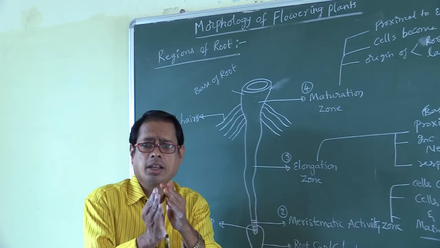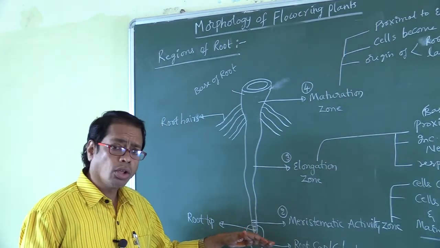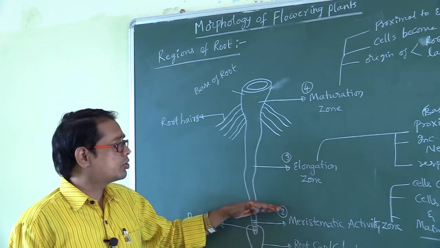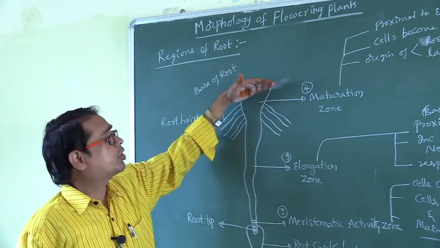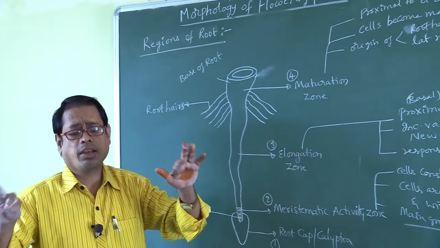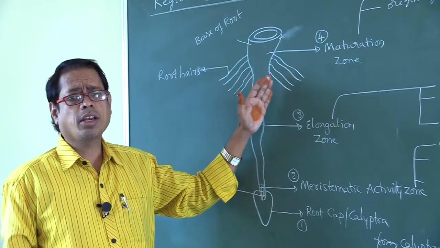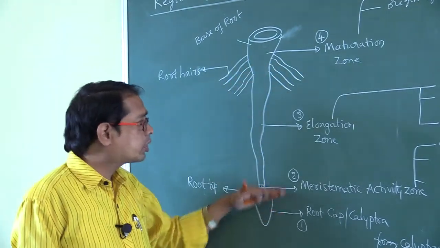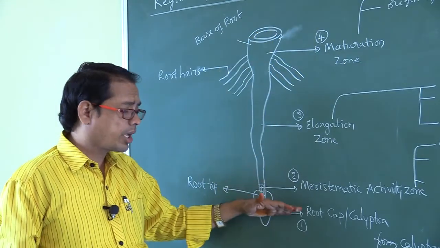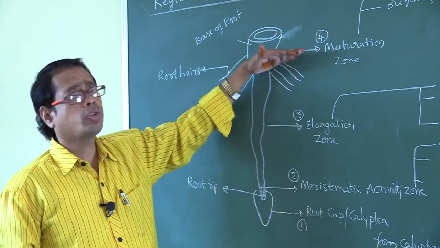If root hair and maturation zone are given separately, you have to write root cap, meristematic zone, elongation zone, root hair zone, maturation zone. If not given separately, those root hairs are present in the maturation zone only. So from tip to base: root cap, meristematic zone, elongation zone, maturation zone.